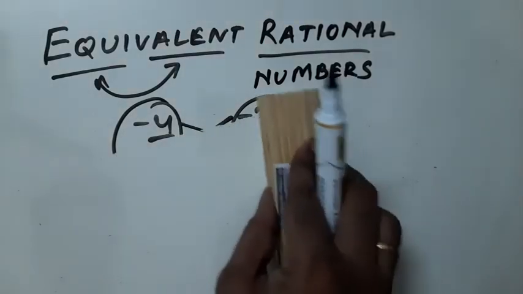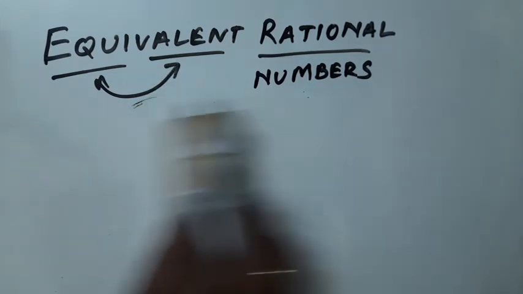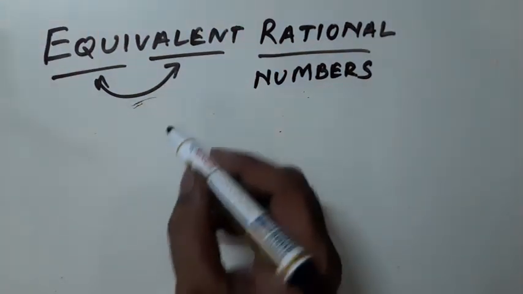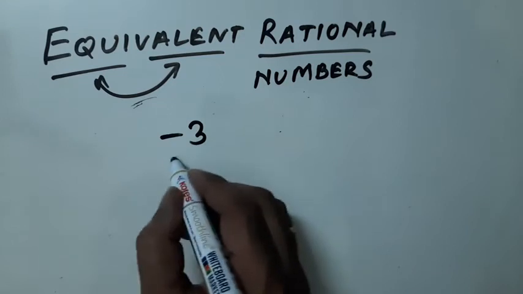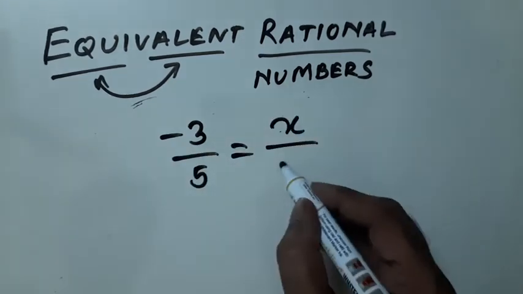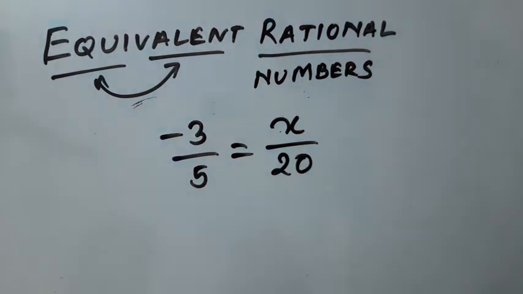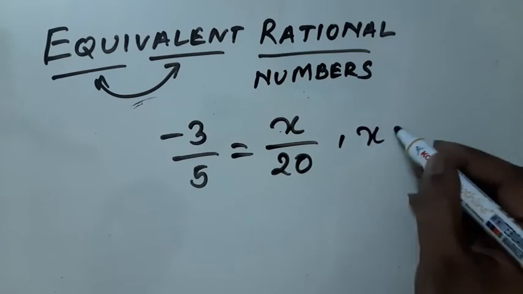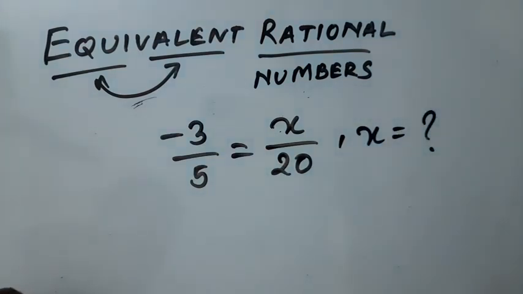Next, suppose we have a question like minus 3 by 5 is equal to x by 20. It's given that these two are equivalent. Now we have to find out for what value of x these two will be equivalent.